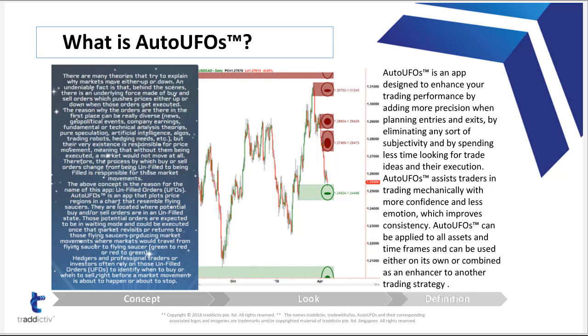To have consistent action in place, well, obviously, removing subjectivity, removing emotions, everything that we said about technology is going to help to be more mechanical and therefore produce more consistent action. But also, what's important, as you will see in a few slides from now, is that this tool will also allow you to measure statistical results.